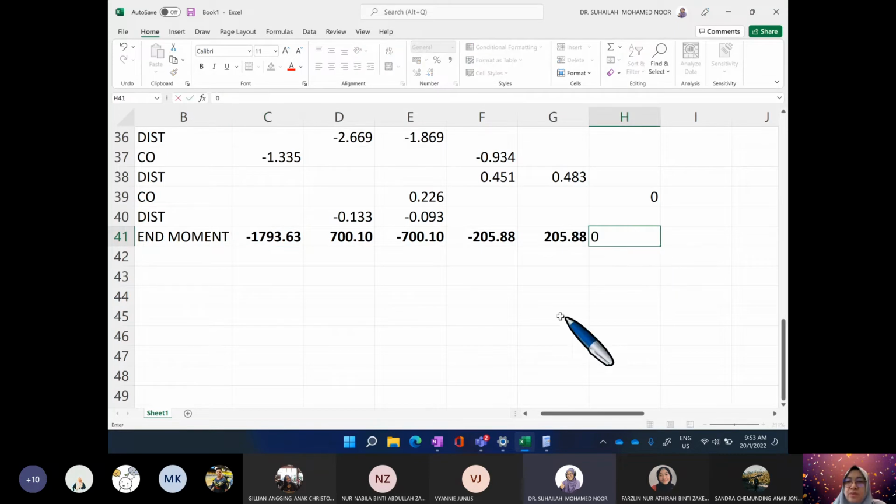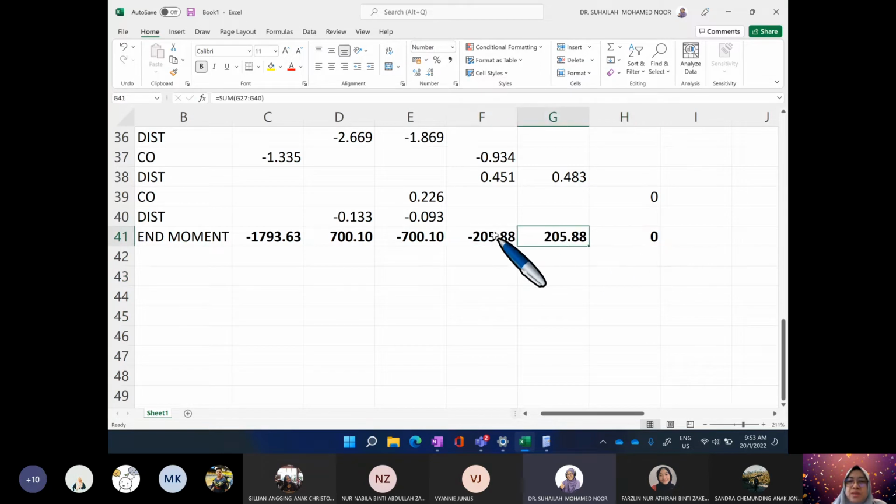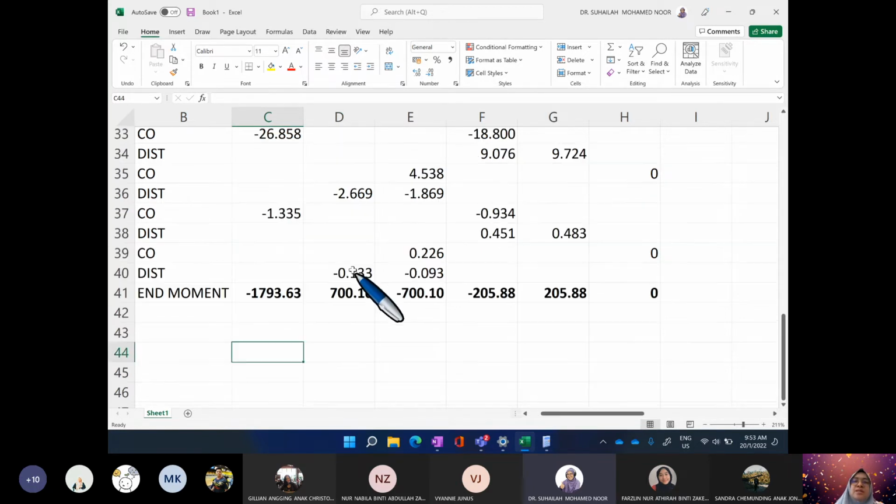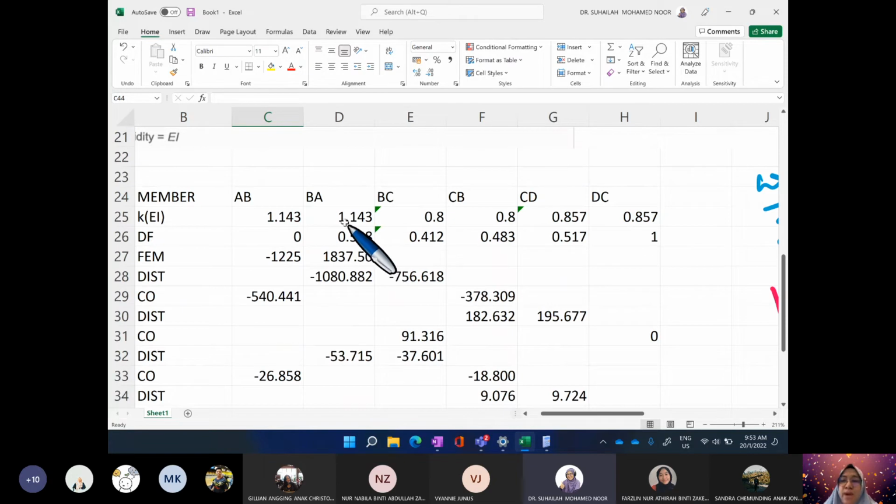So the last value is 0, because it is a pin support. So total MCA plus, sorry, MCB plus MCD total is 0. This is MBA plus MBC, total is 0, one negative, one positive, and the moment at A is equal to this. Okay, this is only for table number 1.